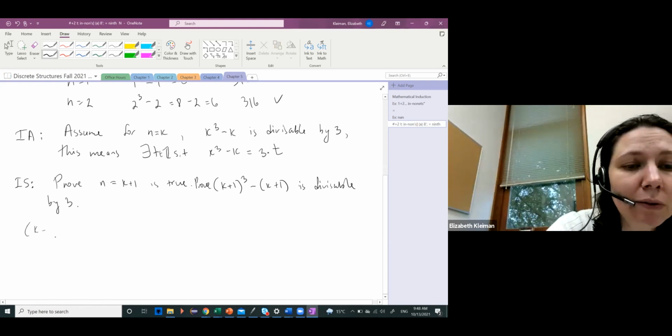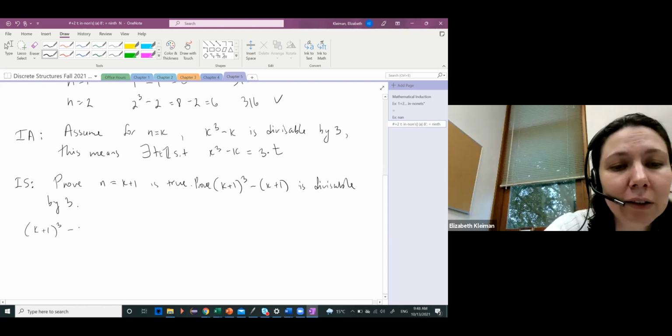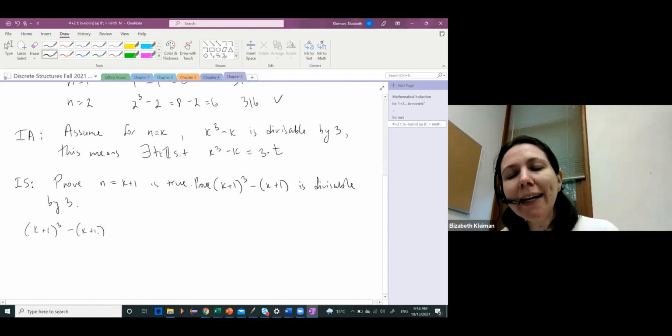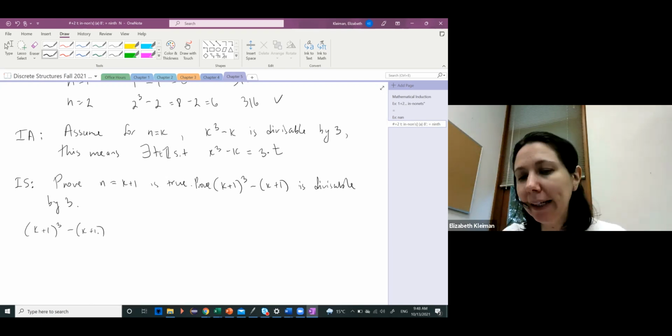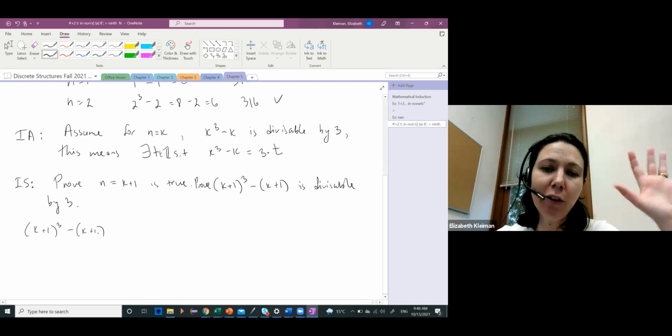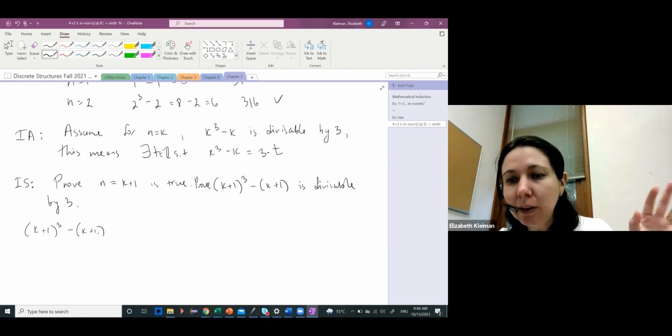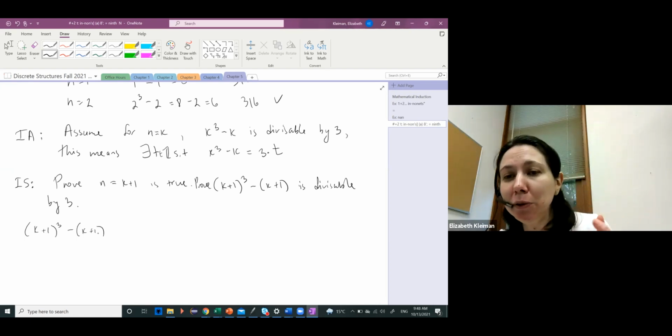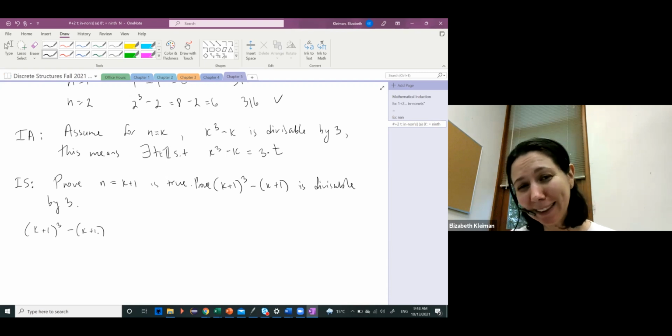So (k plus 1) cubed minus (k plus 1). Now, can I do most of those operations in my mind? Yes, I can. Moreover, I also remember the formula of (k plus 1) cubed. Does it mean I can avoid all of my parentheses and do everything in one step? Probably not. And you probably don't do it like I do it every semester, so you probably don't remember it as well.